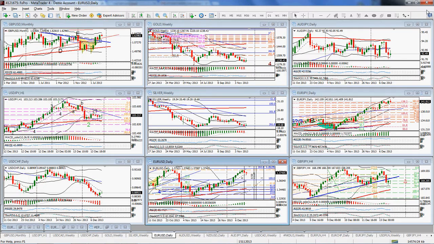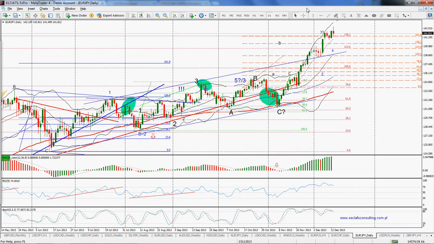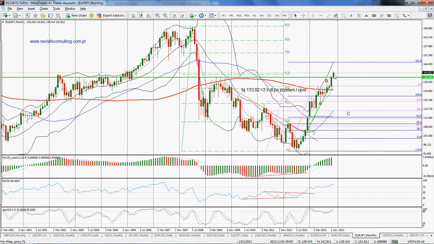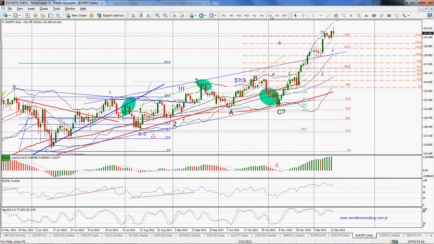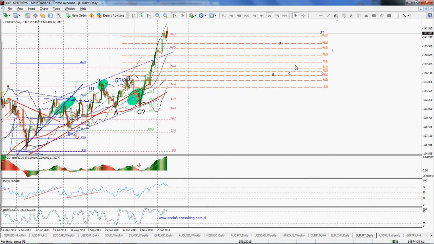Okay, now Euro Japanese yen. Monthly, a strong candle on the monthly chart. Okay, good. Weekly, this is a slightly weaker candle, which can bring some selling, because obviously it's weaker. And on the daily, I talked about it last week.